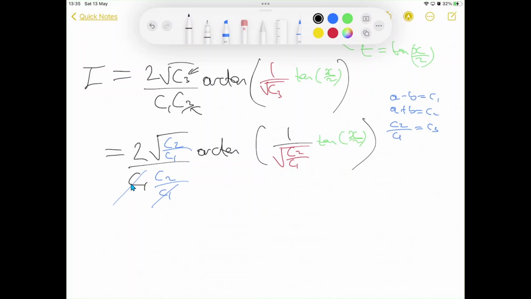We're nearly done. Because I like consistency, I need to keep the answer and the question in terms of the same things that we started off with. It's nice to do that.